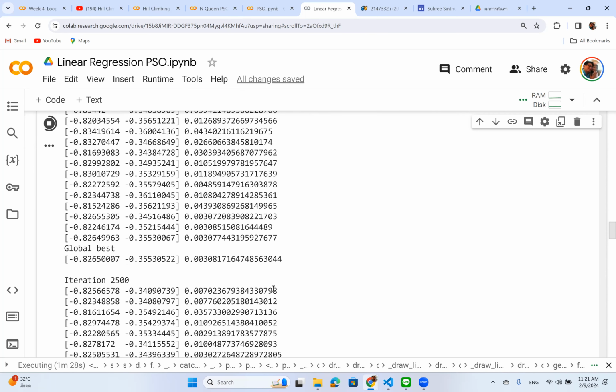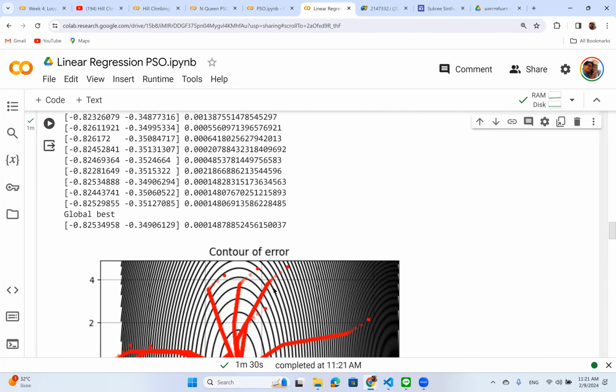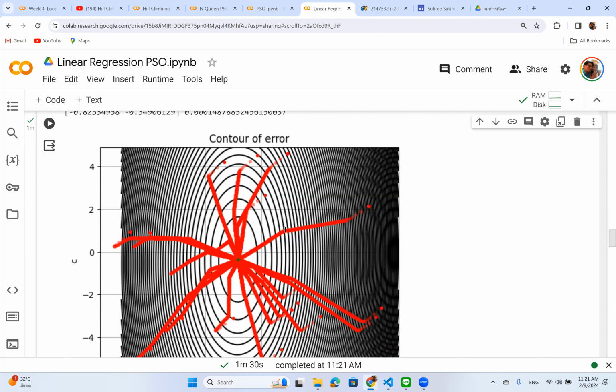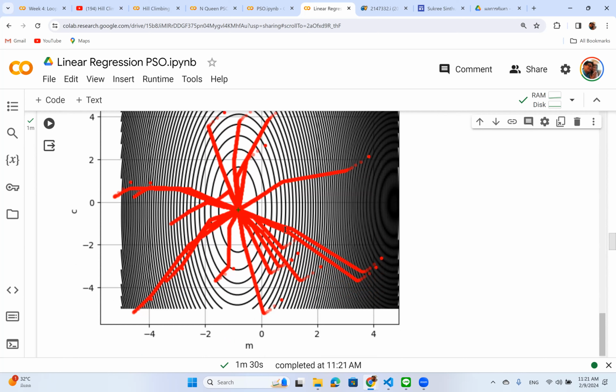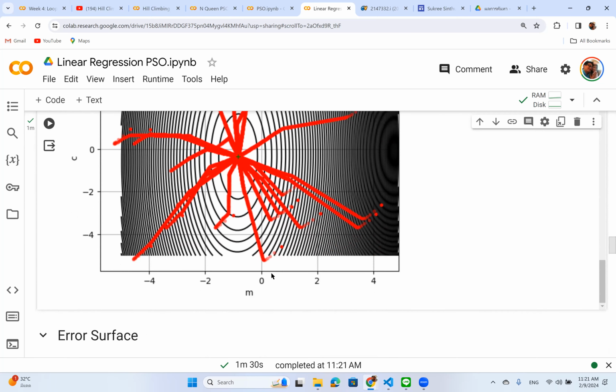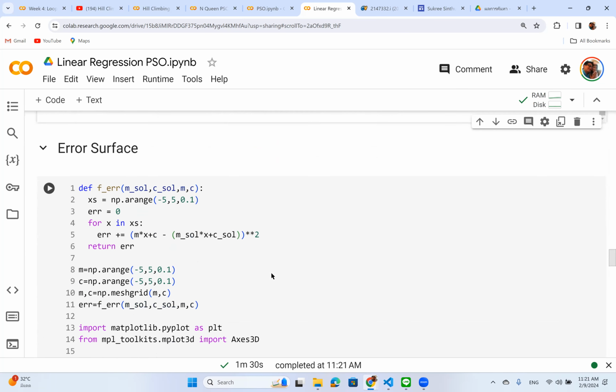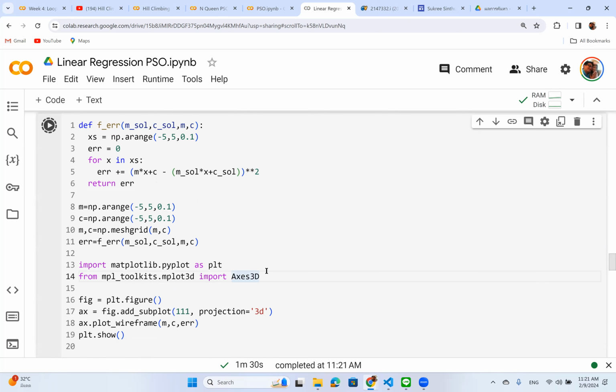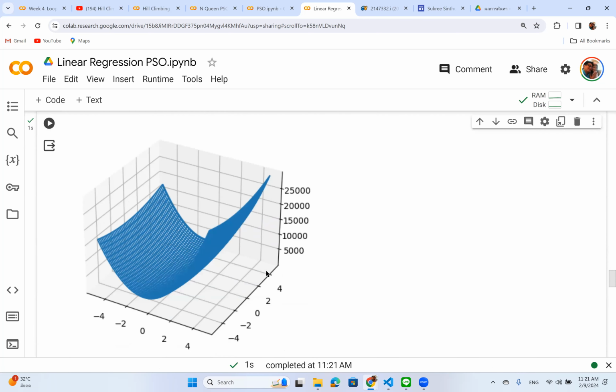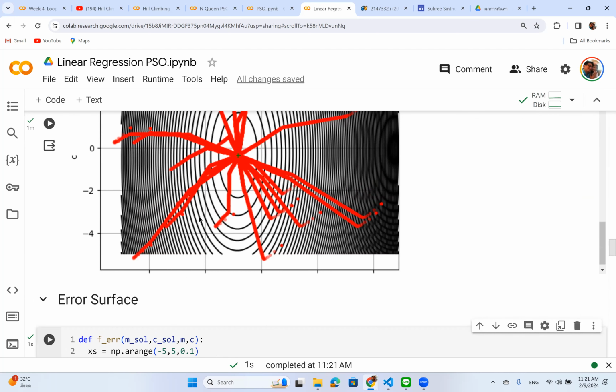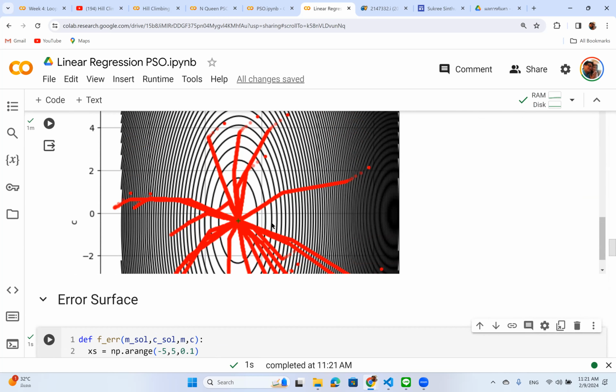Okay. And this one is the movement of your bees. Okay, so all of them join. This is the surface here that the lowest one should be around here. Okay, so all of your bees try to move together.